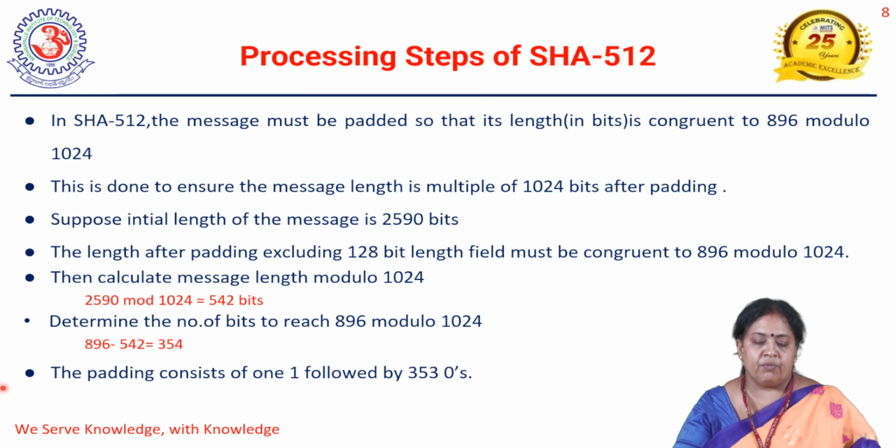For this padding, the first bit should be 1 and the remaining bits should be 0. That means out of 354 bits, the first bit is 1 and the remaining 353 bits are zeros. That is the padding process.